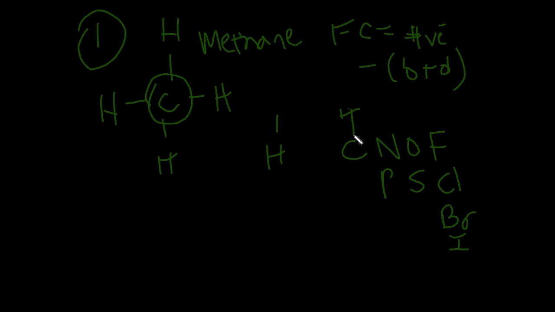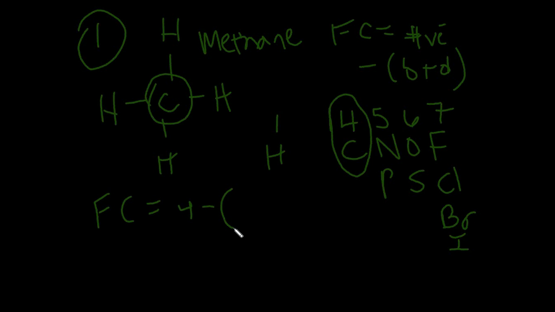I'm sorry, that one didn't come out so well. So this will be 4, this will be 5, this will be 6, and this will be 7. So as you see, carbon is in the 4th column here. So that will be formal charge equals 4 minus, how many bonds are there?